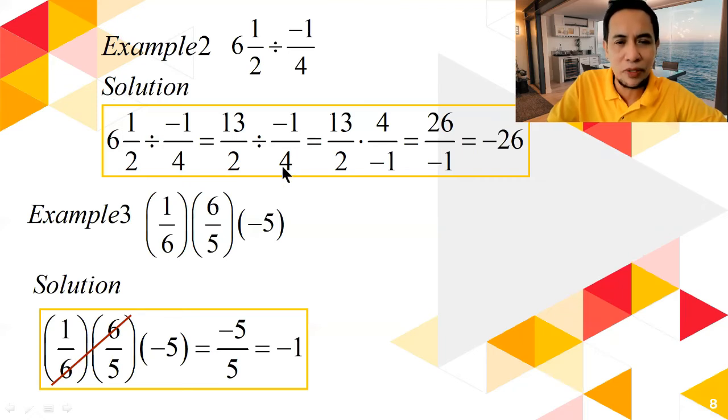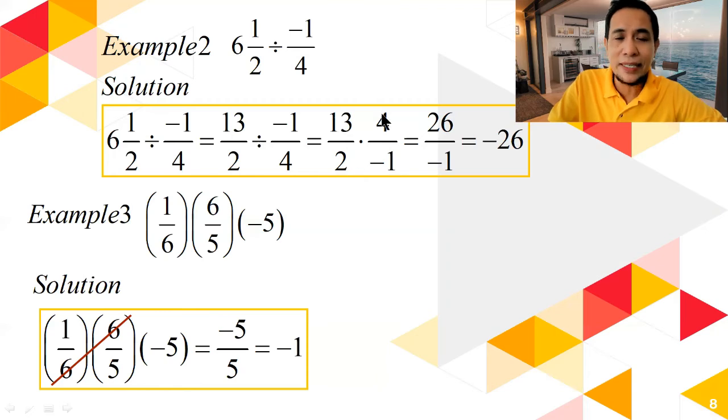What's the reciprocal? You have to change the order. Negative 1 is in the numerator and 4 is the denominator. When you multiply by the reciprocal, you have to interchange, or switch the order, from numerator to denominator and from denominator to numerator. So we have now 13 over 2 times negative 4 over 1.